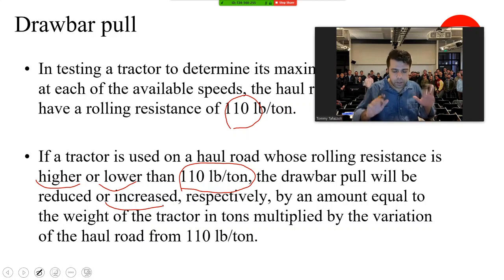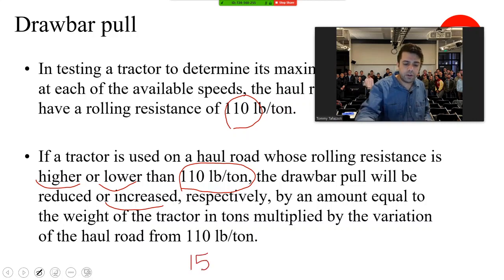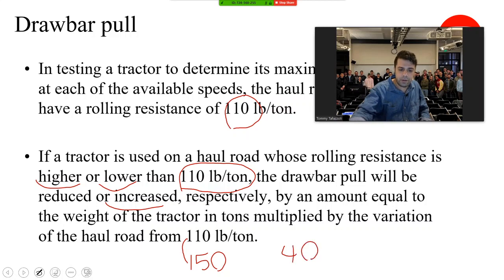What does it mean? Okay, let me give you an example. So let's say the rolling resistance we have is 150, okay? What is the distance between 110 and 150? That would be 40, okay?